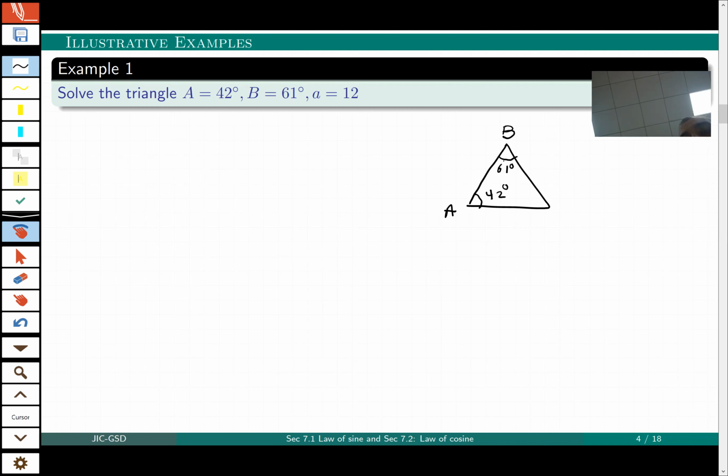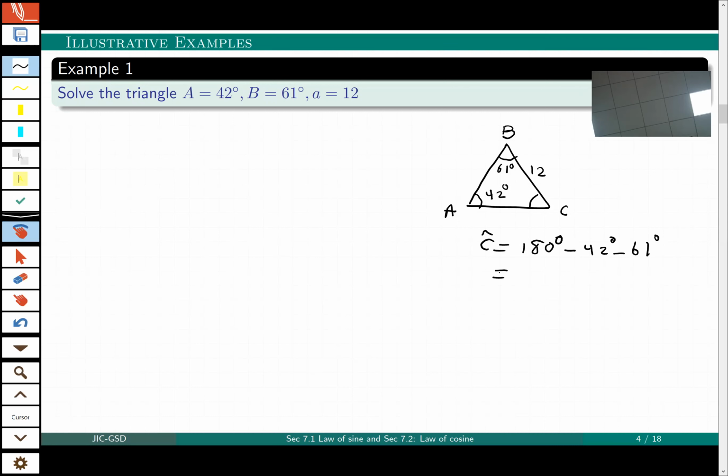And the side opposite A is 12. Now, how to find the third angle, which is C? Basically, C will be equal to 180 degrees, take away 42, take away 61 degrees.